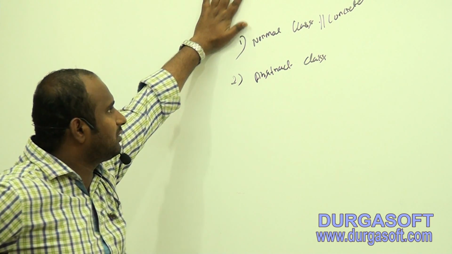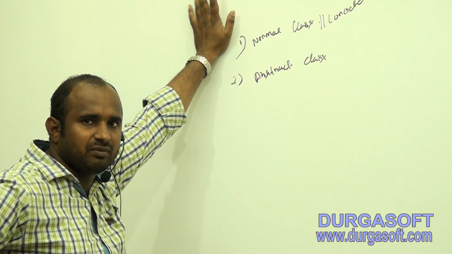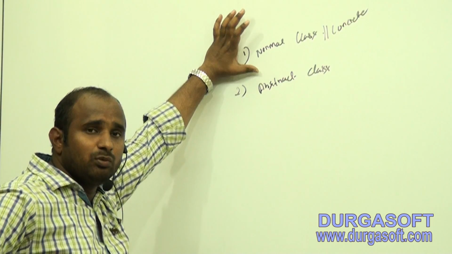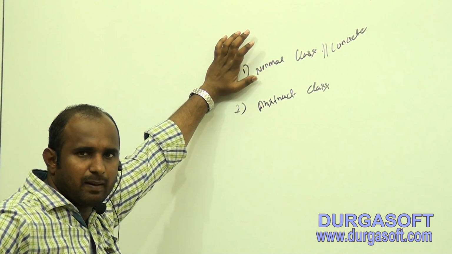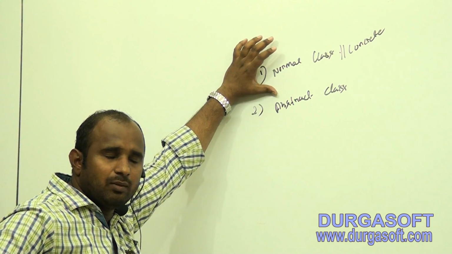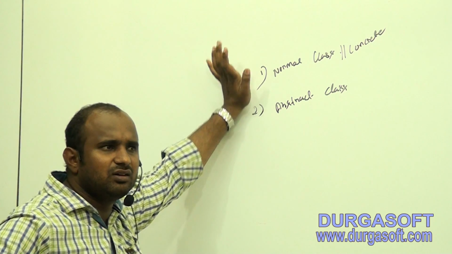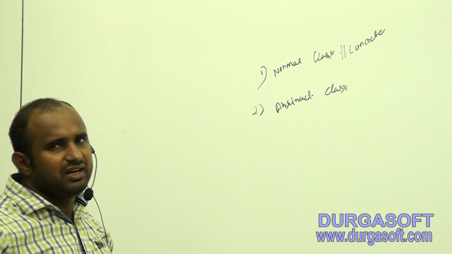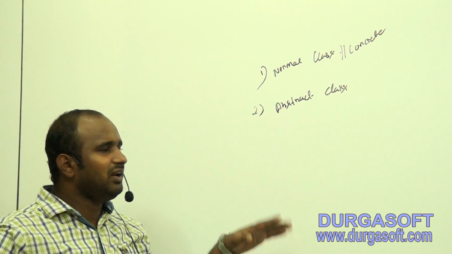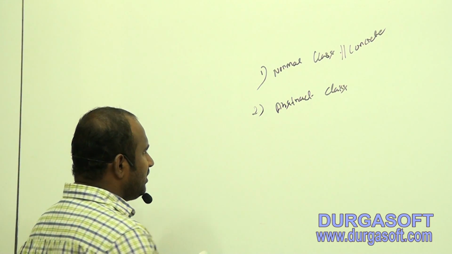The abstract class may contain abstract methods or may not, but it is not possible to create the object for the abstract class. In entire Java, if you want to prevent object creation, declare the class with which modifier? The abstract modifier. That is called your abstract class.